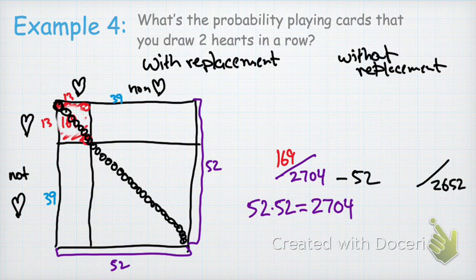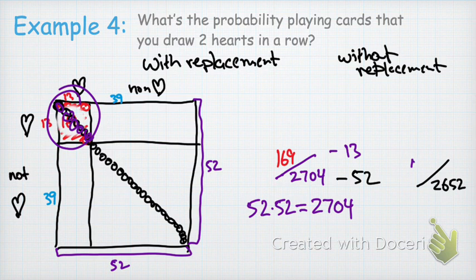And we also need to think about, in our hearts event case that we were looking for, there are 13 that were matches, right? An ace of hearts and then an ace of hearts, or a two of hearts and a two of hearts. So there are 13 possibilities up there that we'd have to take away from the numerator. So 169 minus 13 is 156.